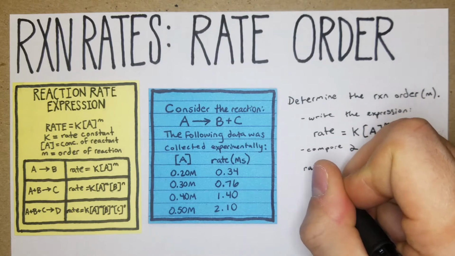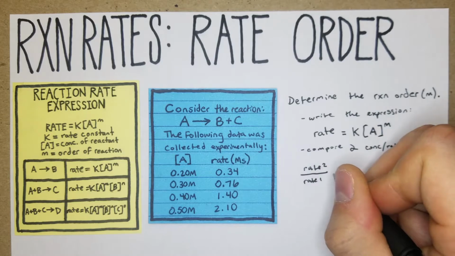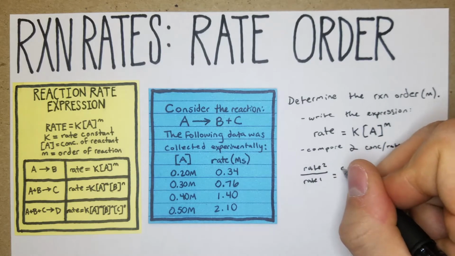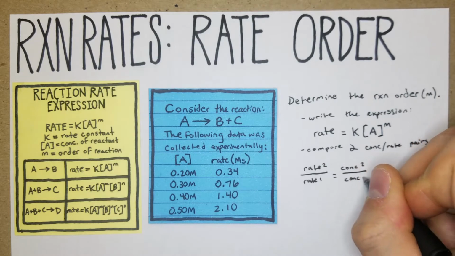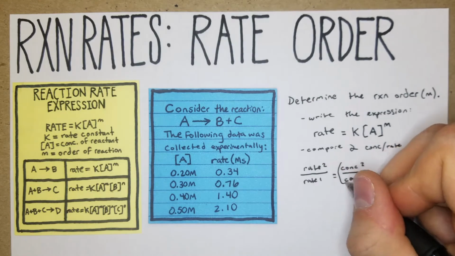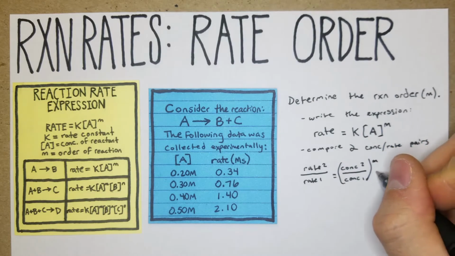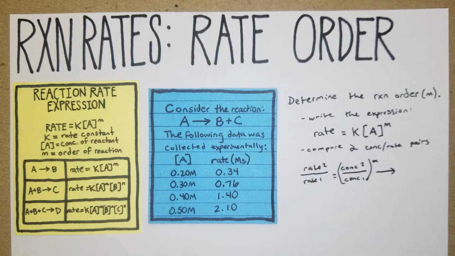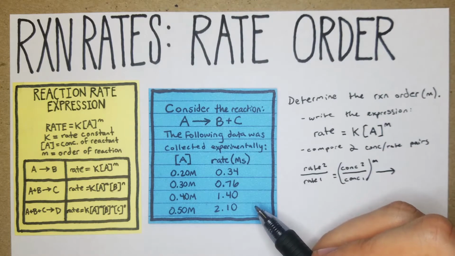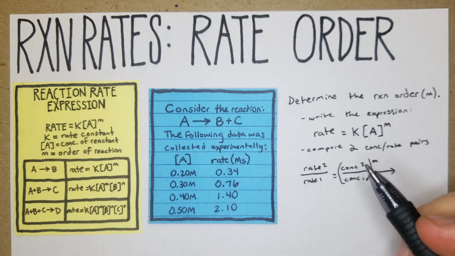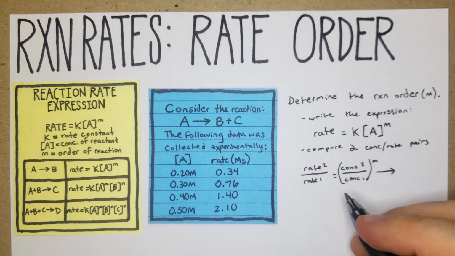We're going to plug it into the formula: rate 2 over rate 1 is equal to concentration 2 over concentration 1 to the M. This is what we're eventually trying to solve, but first let's break it down a little more.